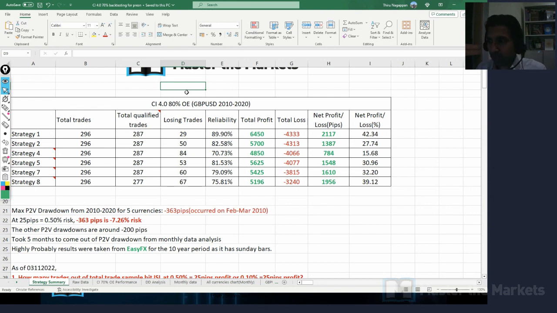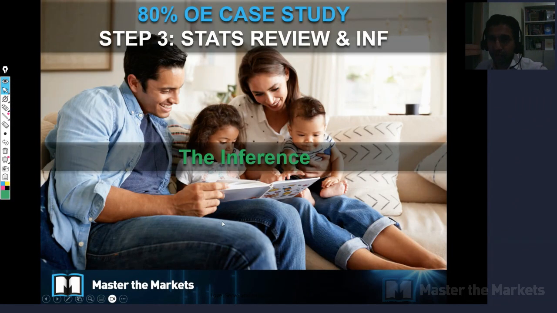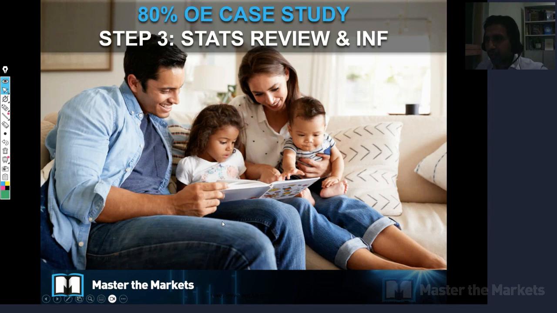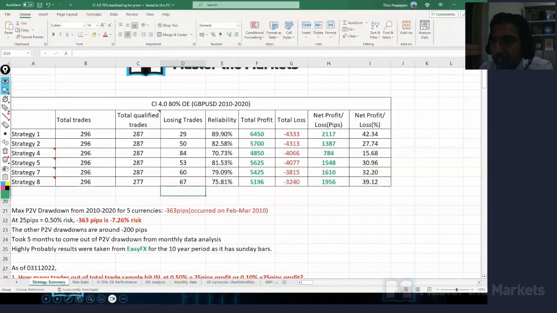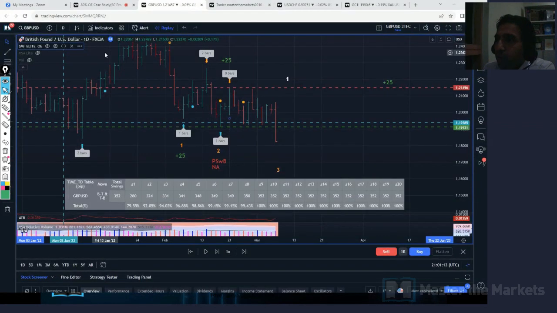So with all that said, the other thing is, after that, in real time, we start to measure it. Now, finally, once you've inferred and decided on which strategy to trade, see, for example, for us from this real case study, we looked at strategy number 8, and then we transferred all those rules into the 5 components, right? We talked about this also in our channel over here in the streams.